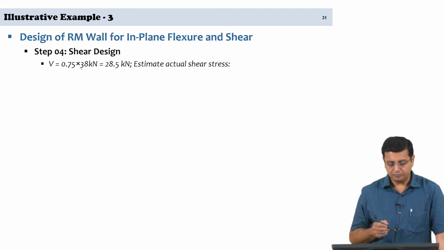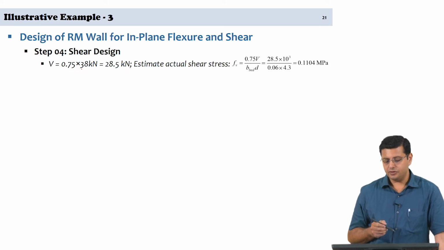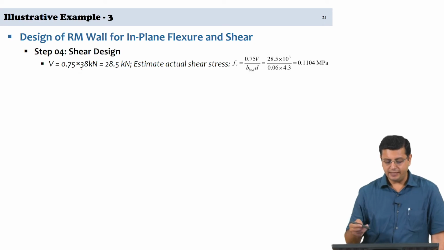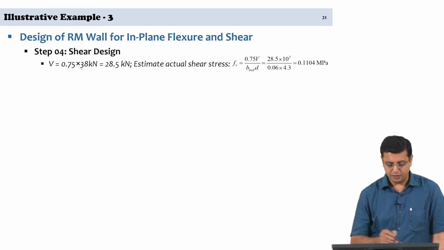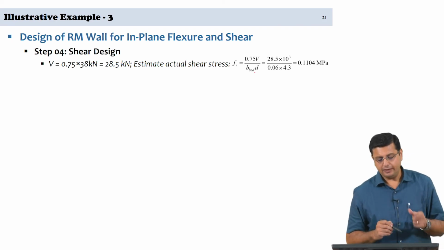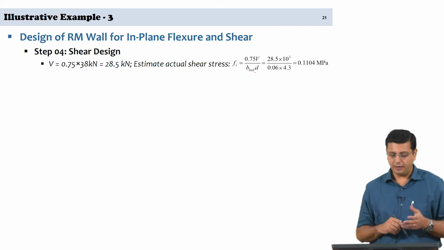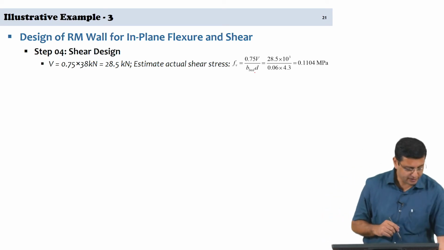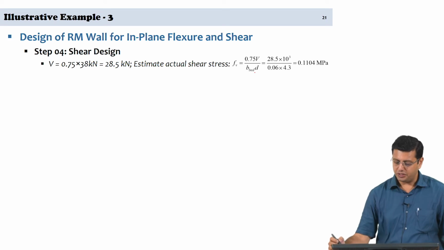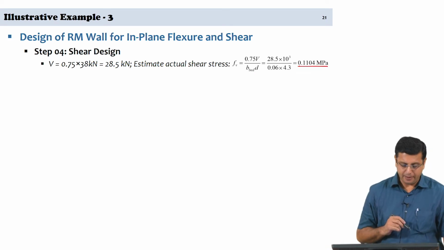The shear stress Fv is estimated as 0.75 into V, divided by the width of the bed joint mortar multiplied by D, the effective depth. This gives an actual shear stress of about 0.11 MPa.